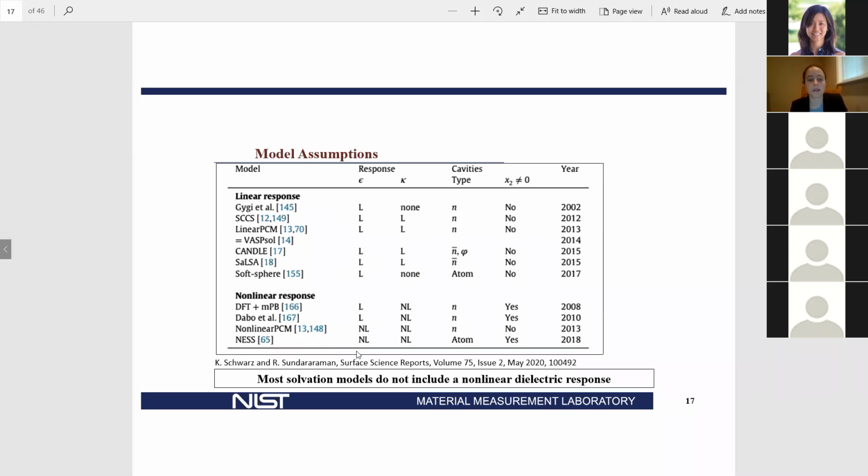There are only 2 models that have the nonlinear dielectric, and out of those 2, only one of them has a non-zero X2: our NIST solvation model that we developed in 2018. You can see more in our review paper for further discussion of this. All of these other solvation models are not expected to qualitatively agree with the silver 100 capacitance data.